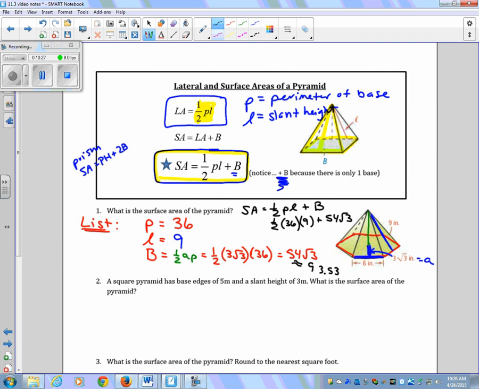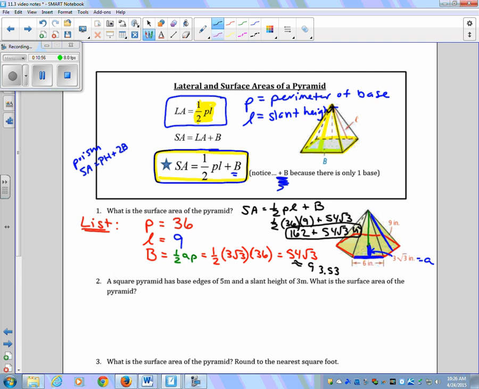Well, that way we can get both exact and approximate. So we're going to do 1/2 times 36 times 9, and we're going to get 162 plus 54 root 3. If we were asked to find the exact surface area, we would leave it just like this, square inches.